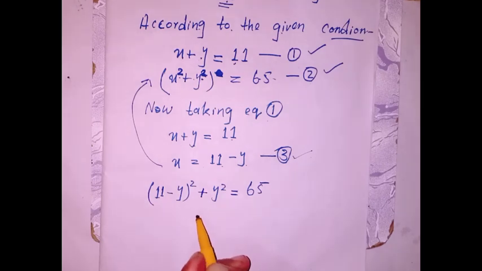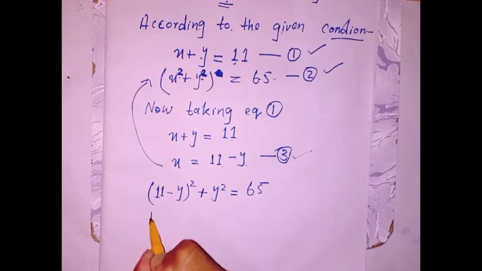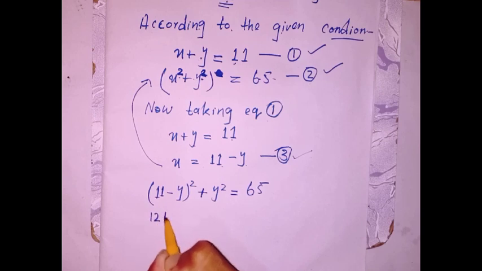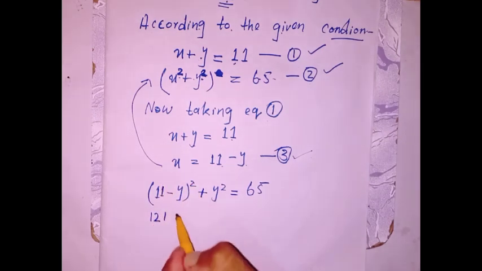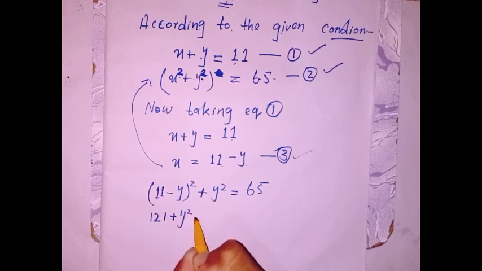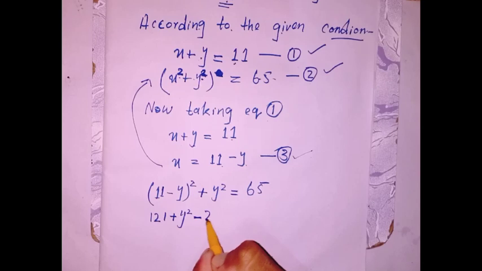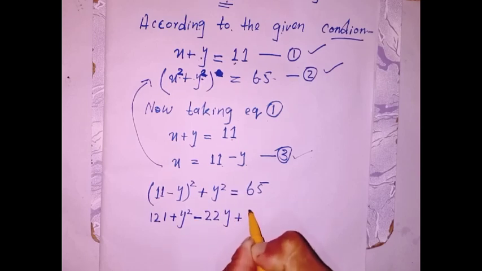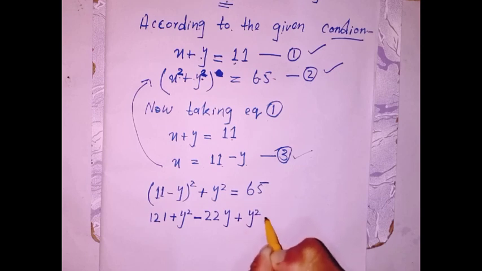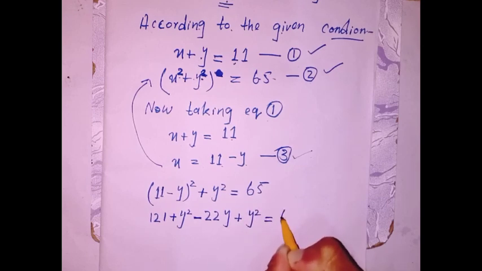Now we will apply the square on 11 minus y. If we apply the square, we get 121, because 11 square is 121, plus y square, minus 2ab, so we get minus 22y plus y square, is equal to 65.